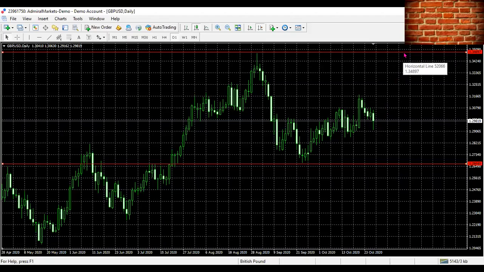Number one, the outcome of the Brexit discussions. That will determine whether we're going to resume this uptrend. The second thing, of course, is the US elections, because if the dollar weakens considerably, then that would mean that the pound would strengthen against the dollar.